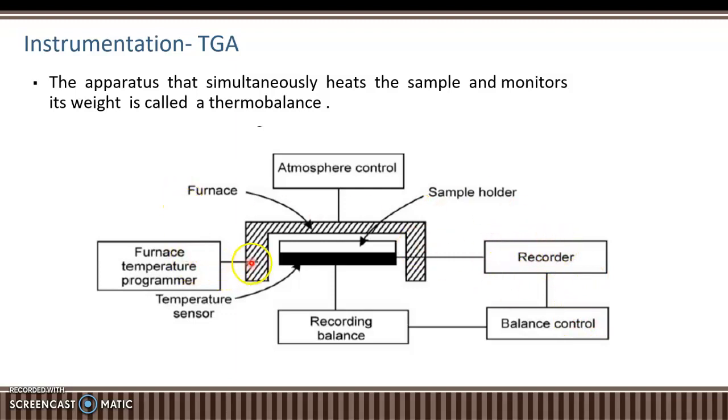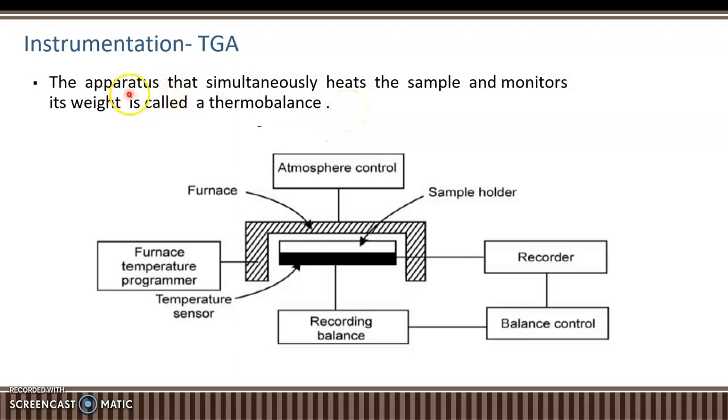So the furnace temperature will be controlled by the furnace temperature programmer, and we are keeping the atmosphere at a constant environment. So in order to keep the environment, we are having atmospheric control. So these are the important components of a thermogravimetric analysis instrument, and the name of that instrument is thermobalance.